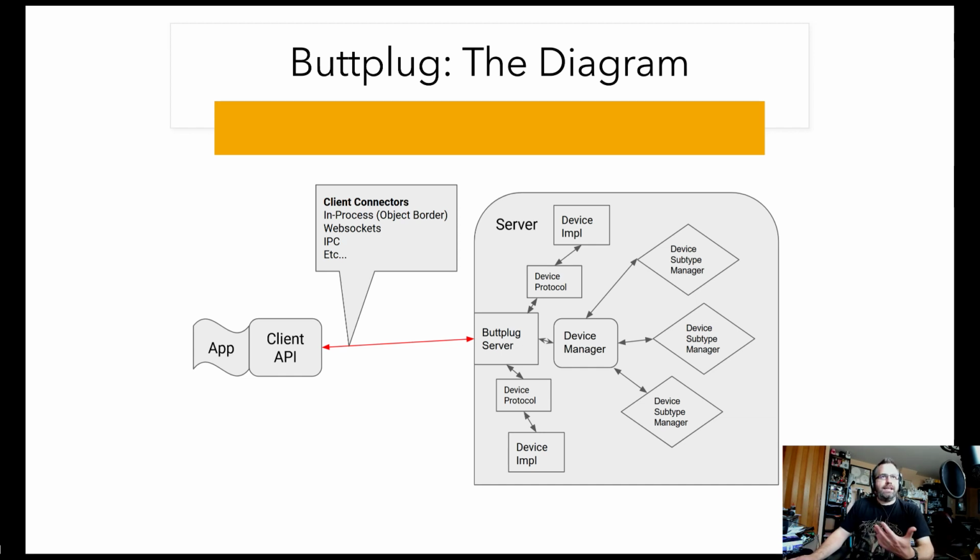So let's say you say start scanning. That goes from your app to the client. The client turns that into whatever message needs to get to the server. The server sees, okay, that's a start scanning message. The device manager cares about that. The device manager goes, okay, I have all of these different subtype managers. Let's tell them how to start scanning.